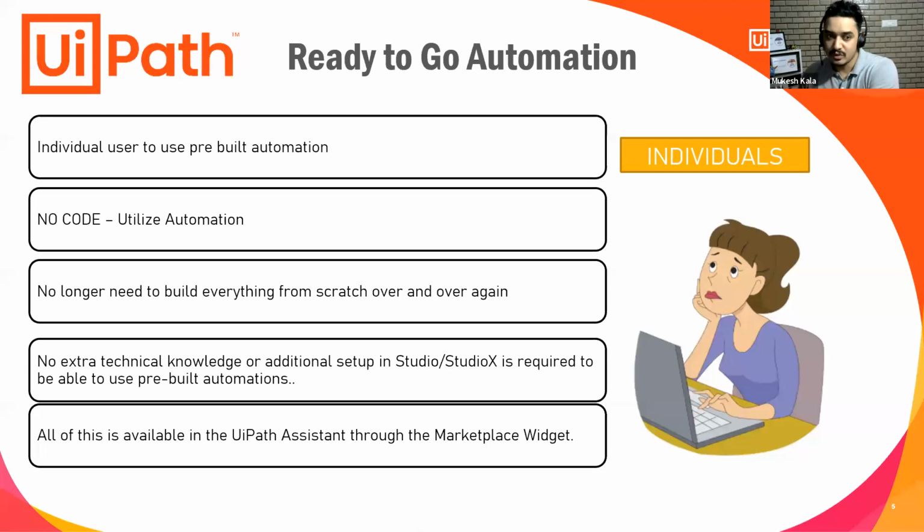For those of you who do not understand what the UiPath Assistant is: whenever you go to cloud.uipath.com and install UiPath Studio, at the same time your computer also gets UiPath Assistant installed. This is the actual robot that does the automation for you.